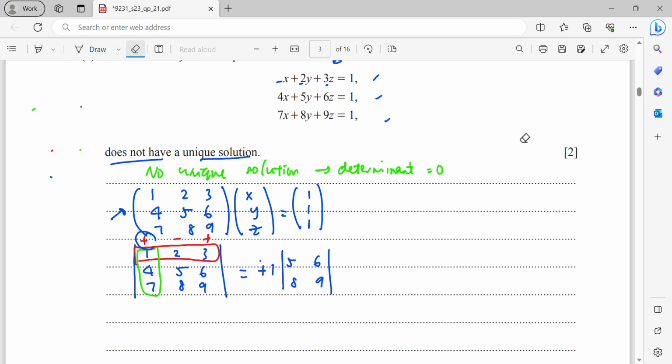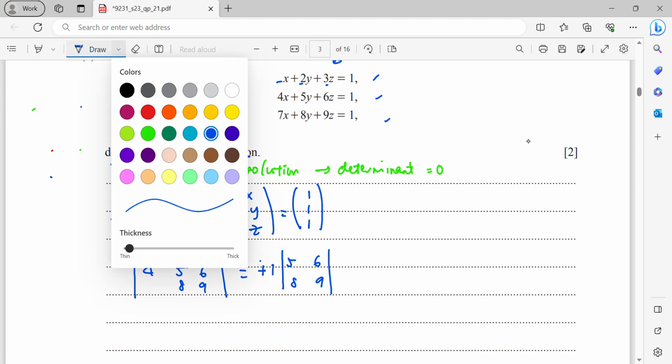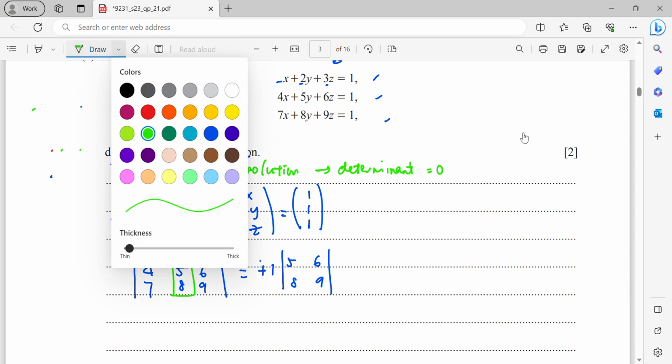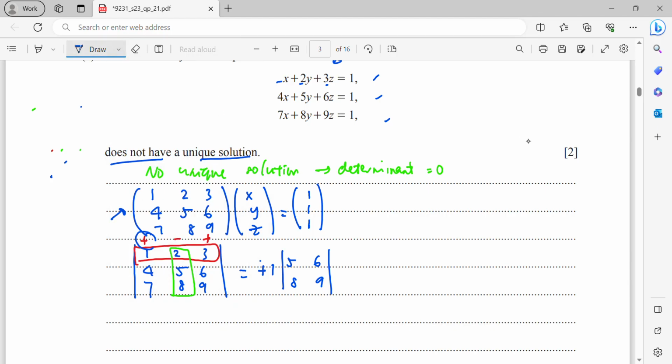After that, I will consider the second column. When I consider the second column, obviously the cross out is 2 and the sign is minus. So I will get minus 2, and the remaining 4 numbers will be 4, 6, 7, 9.